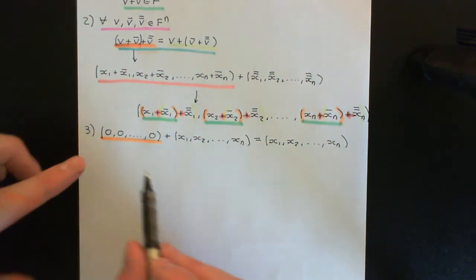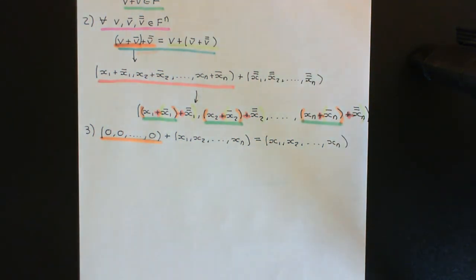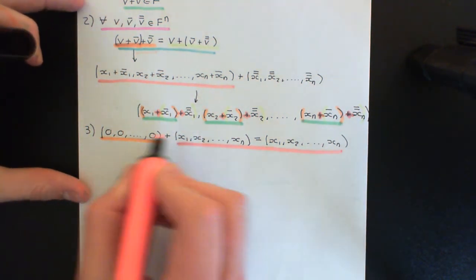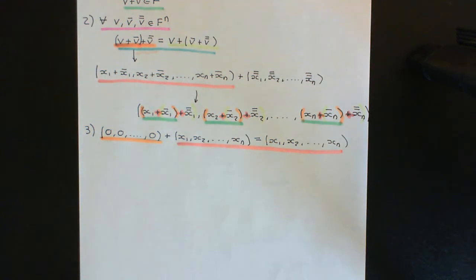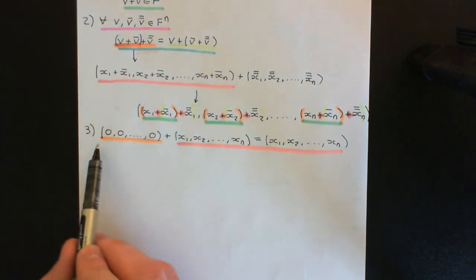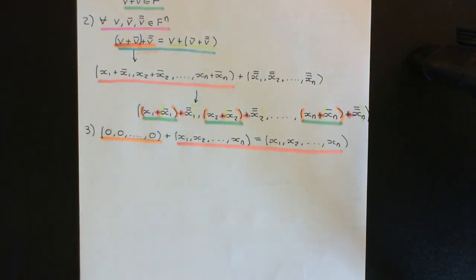You can do that either way round, with the vector on the other side and the 0 vector here. Either way, if you add a vector to the 0 vector, where we've got 0 in all of those components, that will leave the vector unchanged. So indeed, this is the additive identity in our vector space.